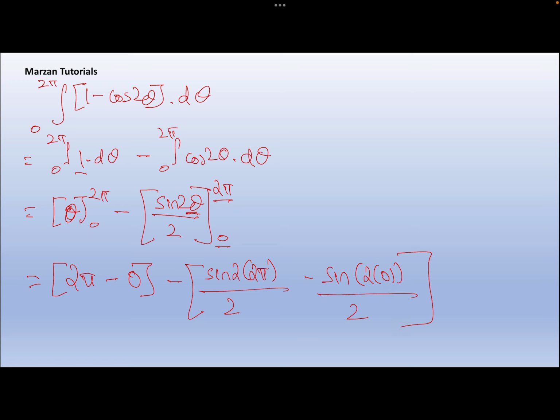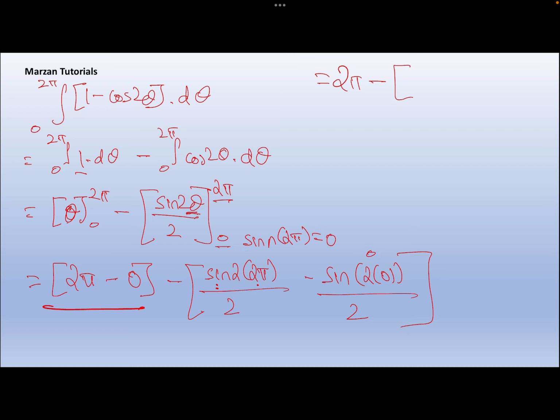Understood? Now 2 pi minus 0 is 2 pi only. Now the value of sine 2 pi, or any multiple of 2 pi, will be how much? It will be equal to 0. This is also 0.